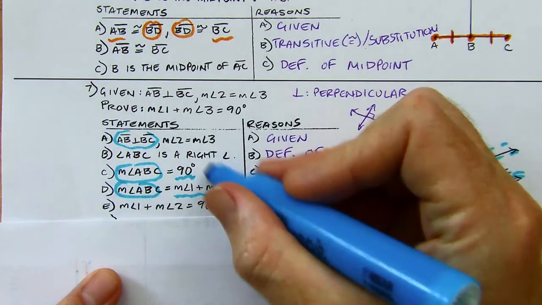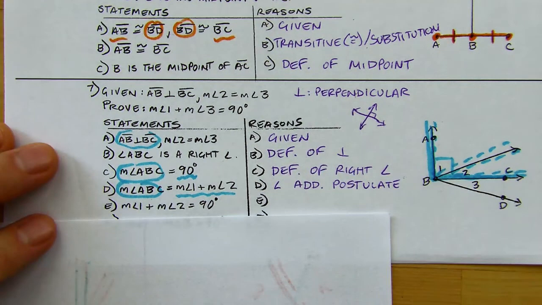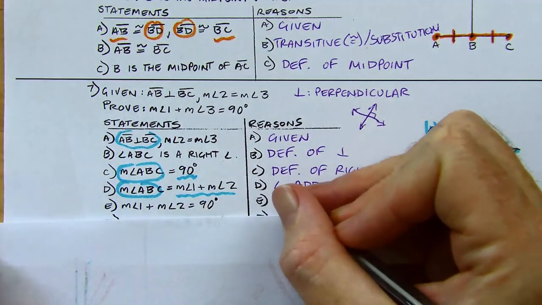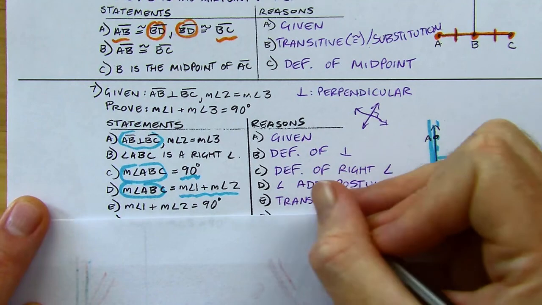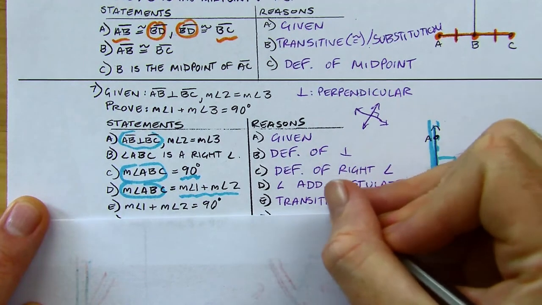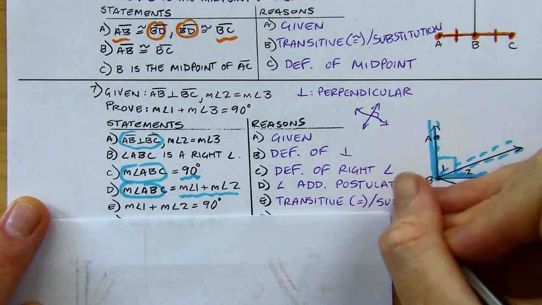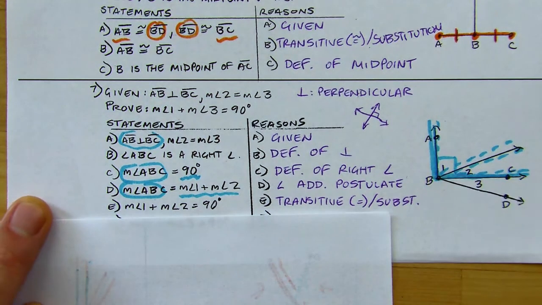So that means these two things are going to be equal to each other by the transitive property or by substitution. Okay, running out of space there, so I'll use that for substitution.